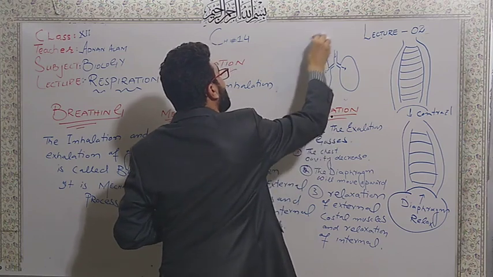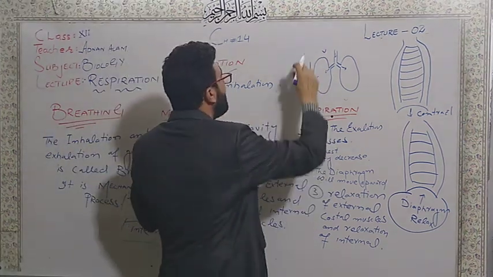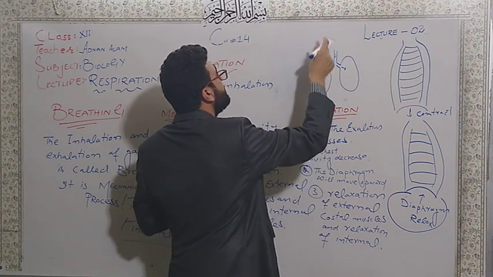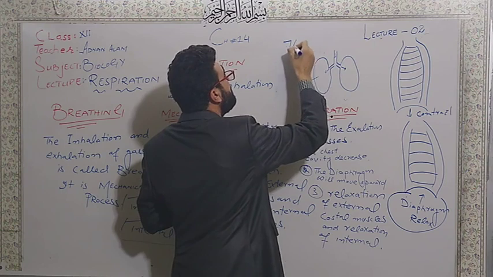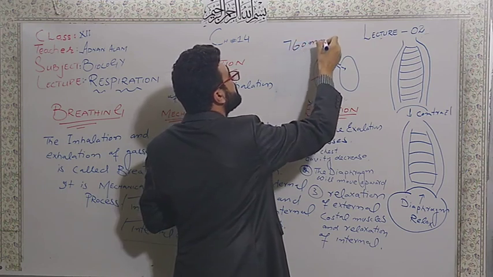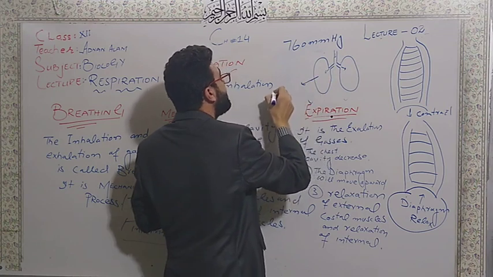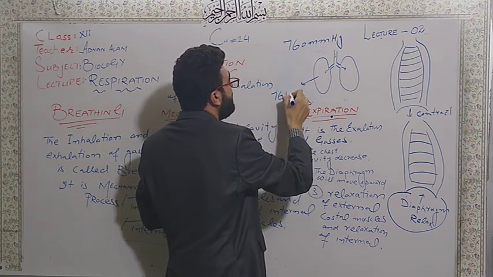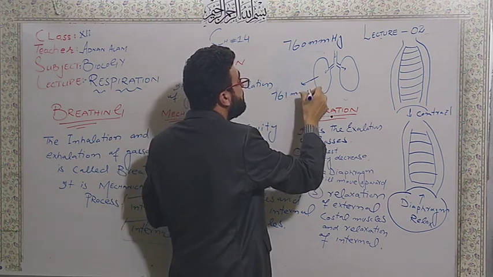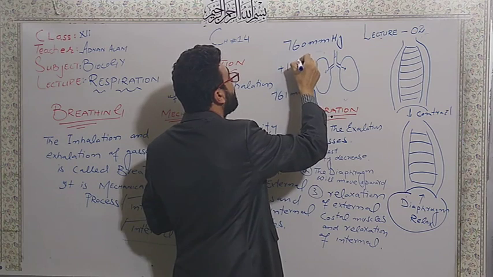This decrease in the chest cavity will definitely exert pressure inside the lungs, and now in the atmosphere we have 760 millimeter of Hg standard atmospheric pressure, and in the lungs we are experiencing 761 millimeter of Hg. It means now we have a gradient of +1 millimeter of Hg.